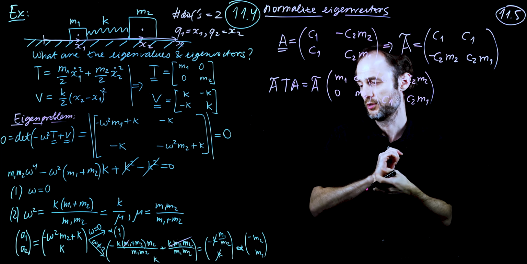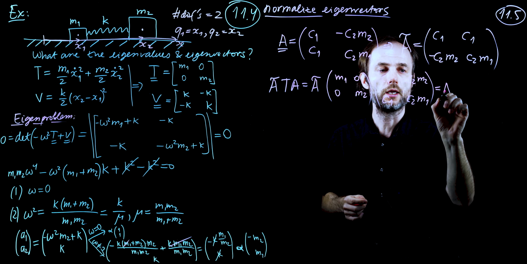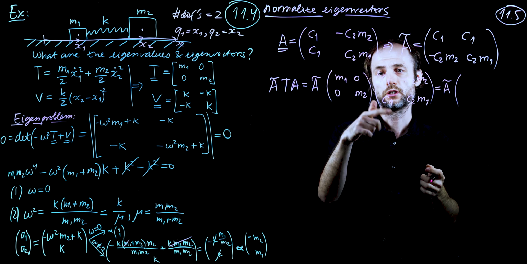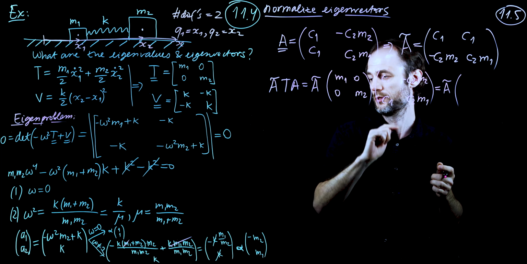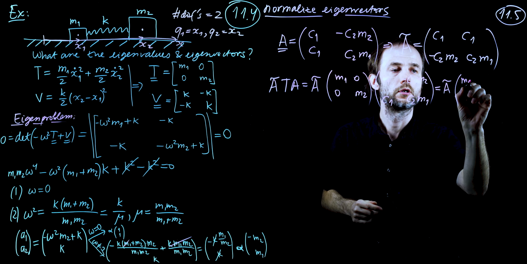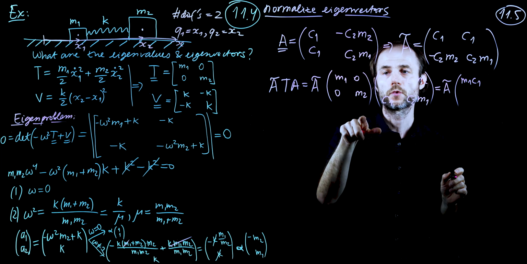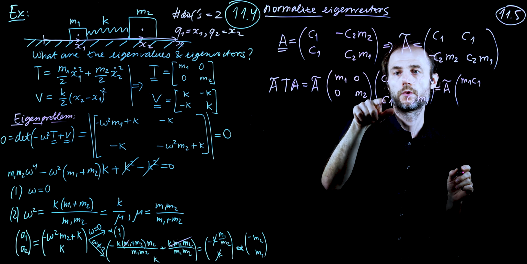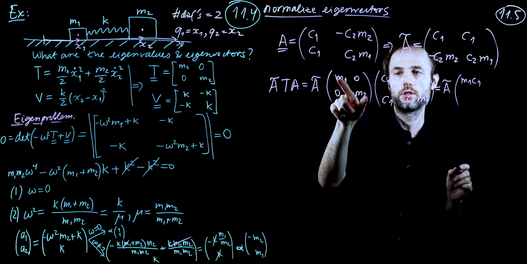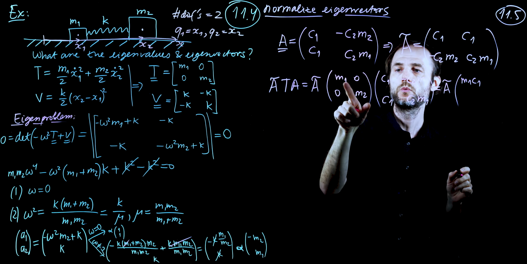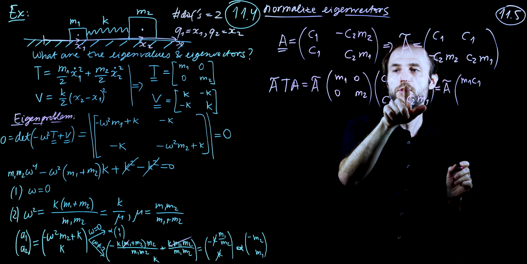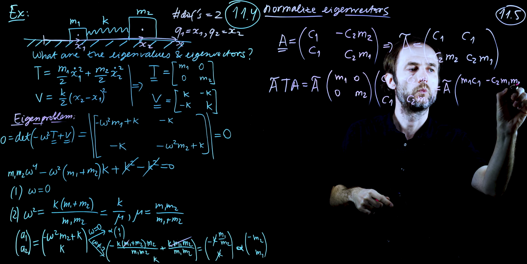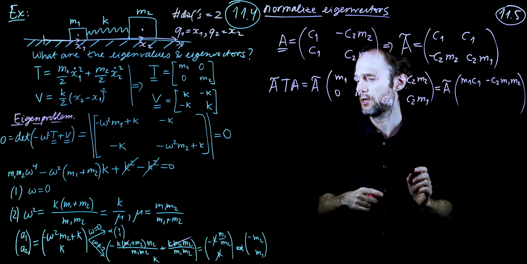So what will this be? Well, it will be A tilde times the result of the product. The result of the product will be M1 C1, then minus C2 M1 M2, minus C2 M1 M2, right?